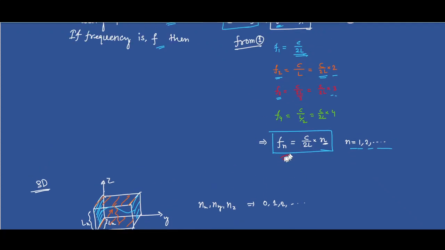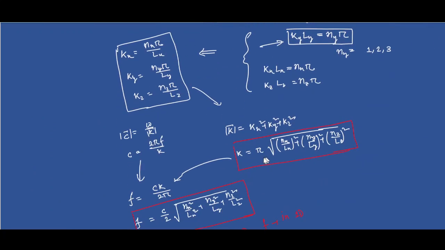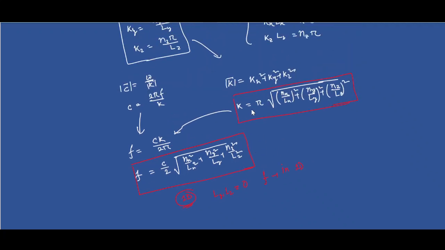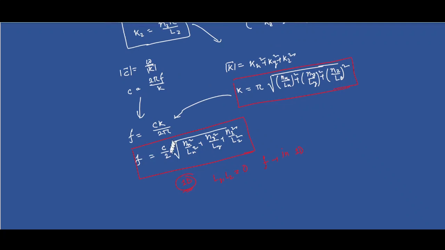Yes, we derived here that for 1D this is the expression of frequency. Wait a minute, there is a mistake in describing, so we cannot consider it equal to 0. We can set it like it doesn't exist. So how is the wave function going to look?